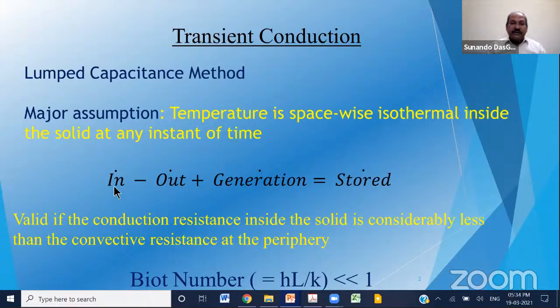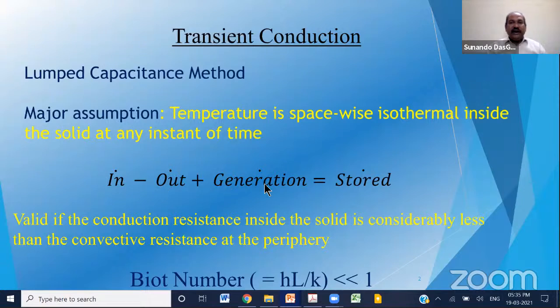And the fundamental equation would be rate of heat in minus rate of heat out plus or minus any rate of generation must be equal to the energy stored in a system. So for the steel ball which is being quenched in cold water, there would not be any in term. There would be some out because some amount of heat is being lost by convection.